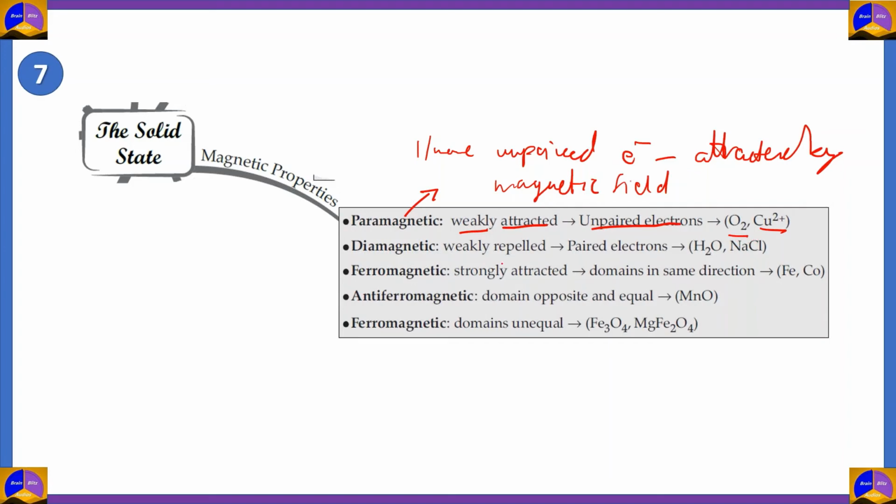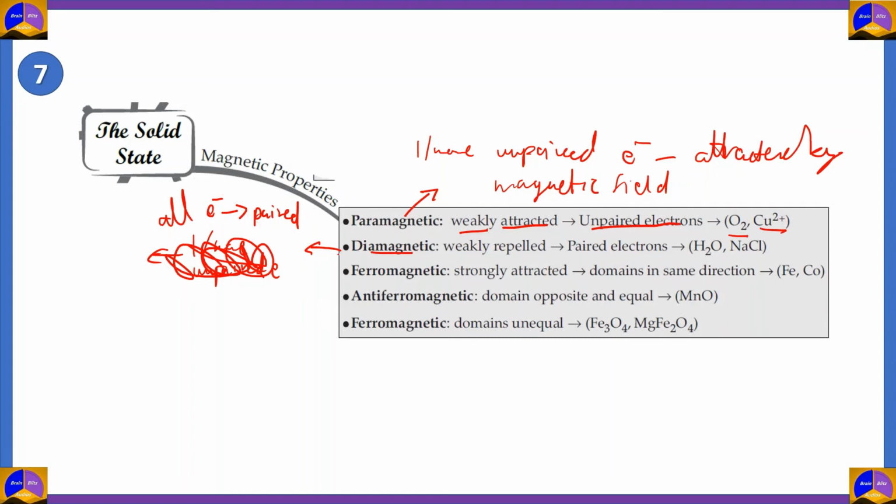Next, we have diamagnetic substances. In diamagnetic substances, no, having unpaired electrons is the case for paramagnetic. In terms of diamagnetic, all electrons are paired.